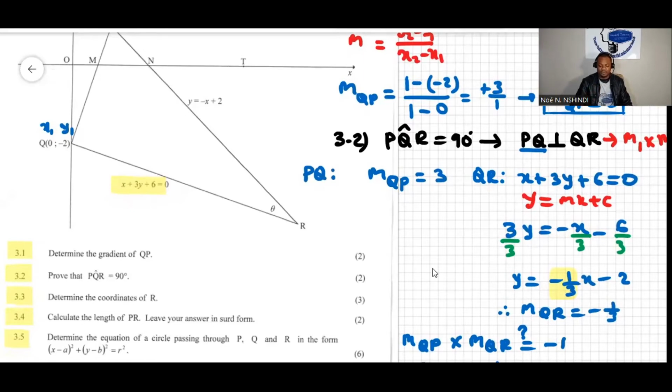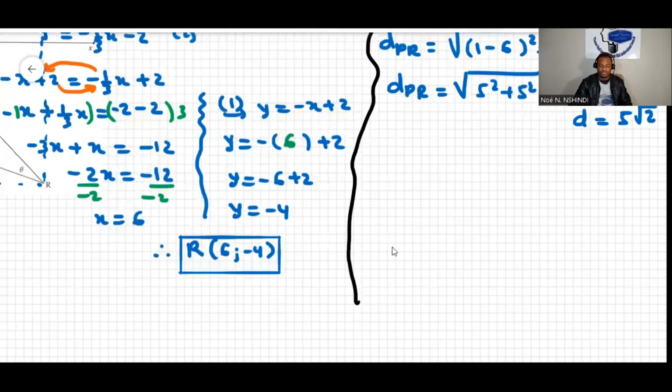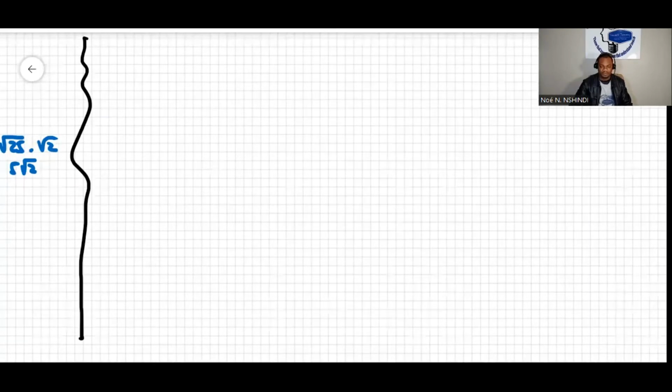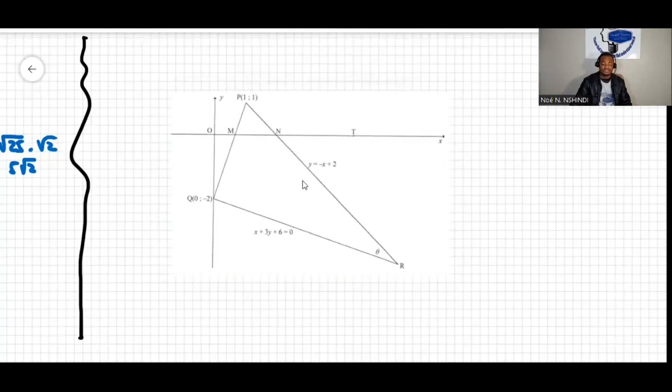I think it's also important to put the same diagram over here. This is the graph that we have now. The question says that we need to find the equation of the circle that passes through these three points, P, Q, and R.